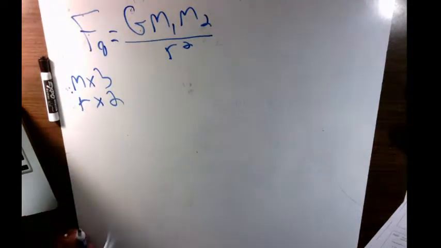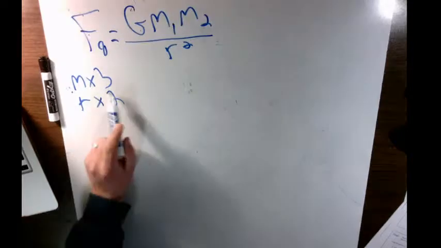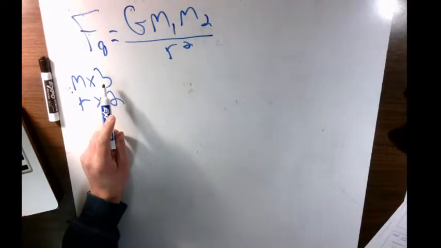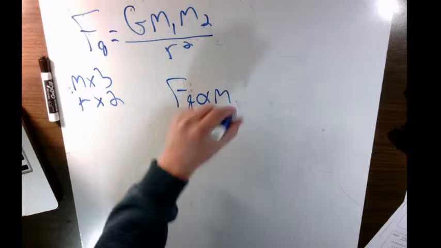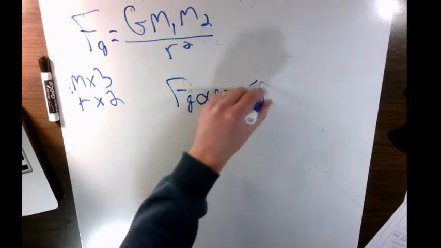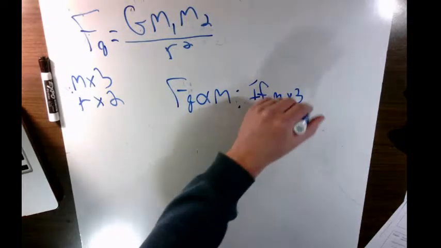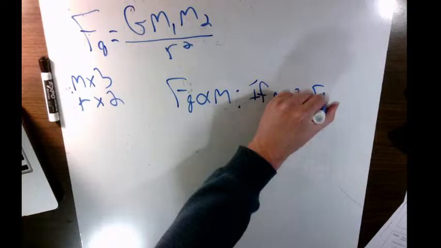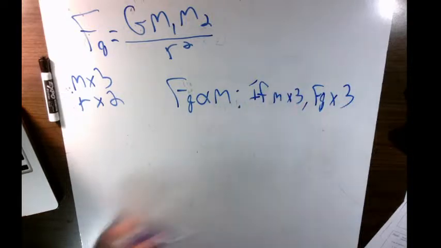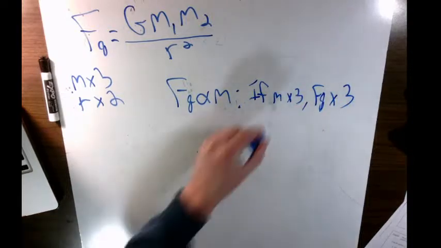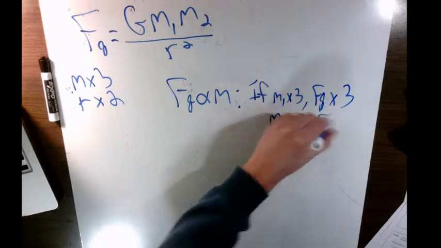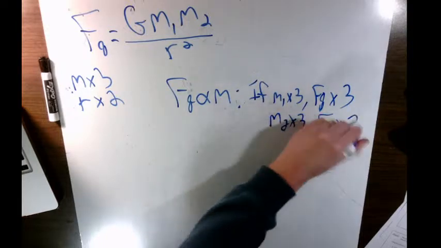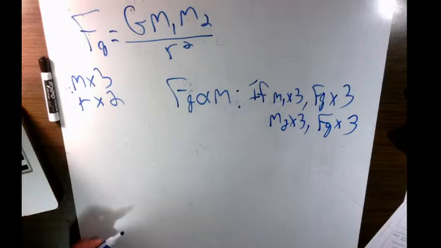And each mass is going to be tripled. So since force of gravity is proportional with mass, if our mass is times 3, then the force of gravity will also be increased 3 times. But we're also doing it for m2, which is times 3. So we need to increase force of gravity by 3 again. So we're multiplying by 3 twice.